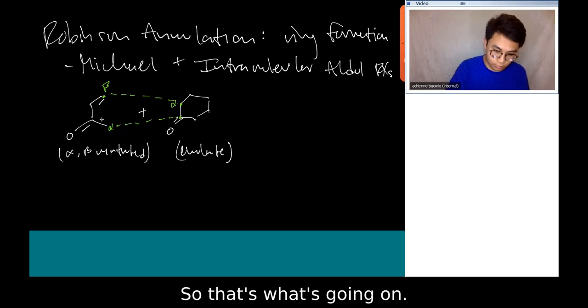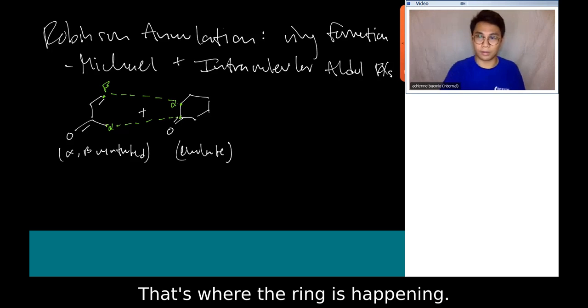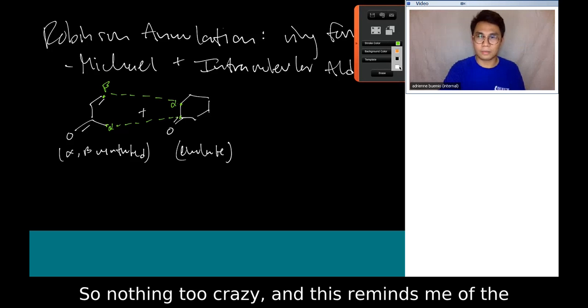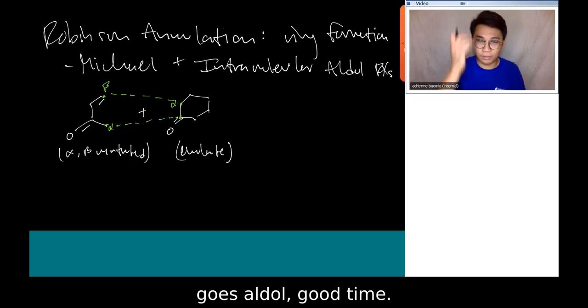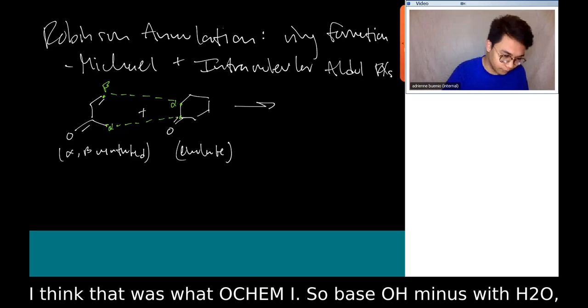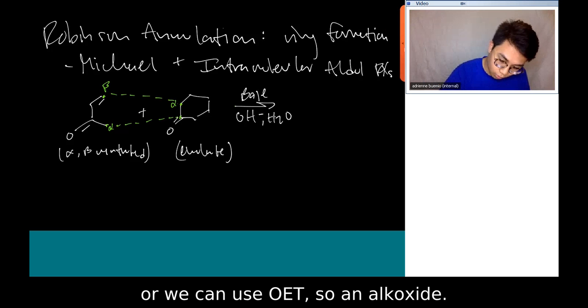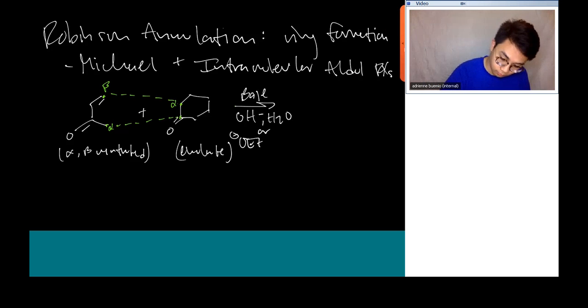So that's what's going on. That's where the ring is happening. So nothing too crazy. And this kind of reminds me of the Diels-Alder, right? Good times. I think that was OChem 1? So base, OH minus with H2O, or we can use OEt, so an alkoxide.